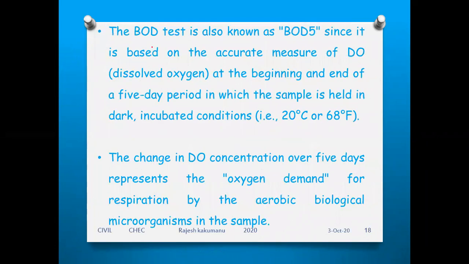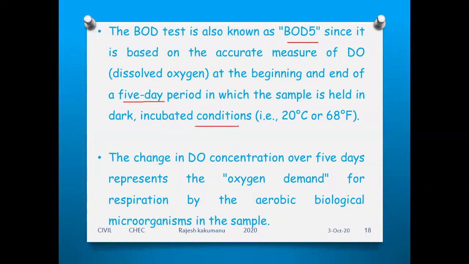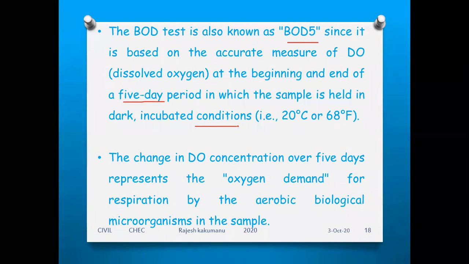The BOD test is also known as BOD5 since it is based on accurate measurement of dissolved oxygen at the beginning and the end of the 5-day period, in which the sample is held in dark, incubated conditions. So this test is also known as BOD5, meaning 5 days, right?